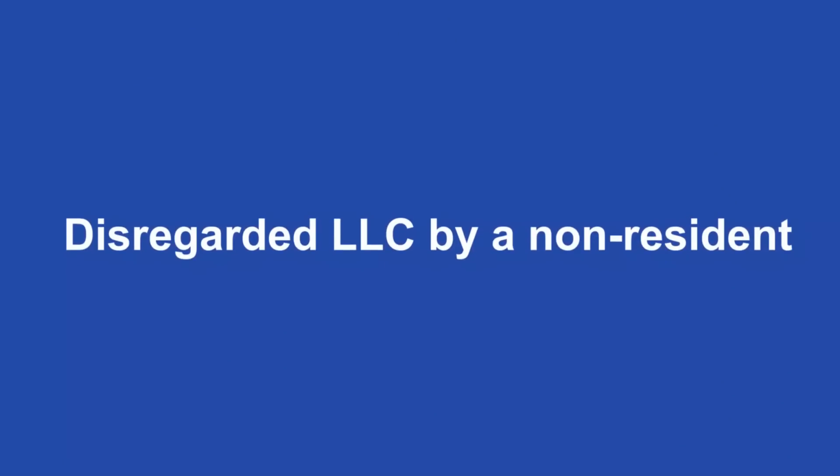So what LLC are we talking about? We're talking about a disregarded LLC owned by a non-resident, because you don't live in the USA, you live in the UK. So you would be opening what is called a disregarded LLC. You can open it in Delaware, Florida, Texas, or wherever. Delaware is a super fancy spot because of the benefits you get as a foreign business owner.